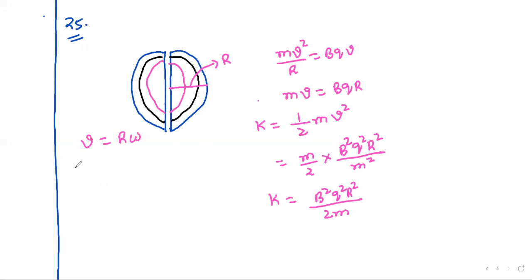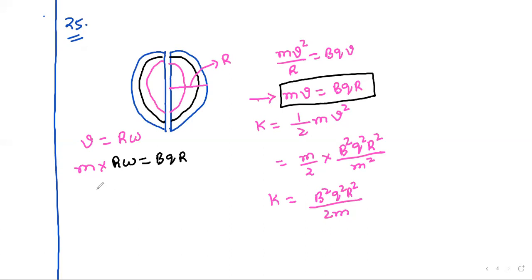I'll substitute here: m into r omega equal to bqr. So omega equal to bq by m.